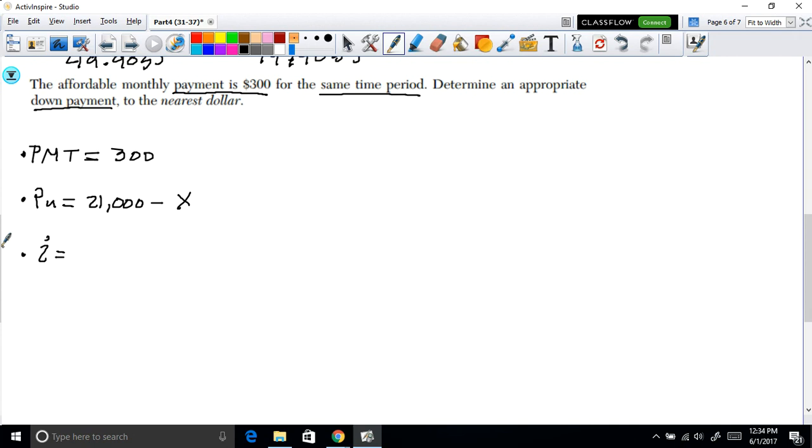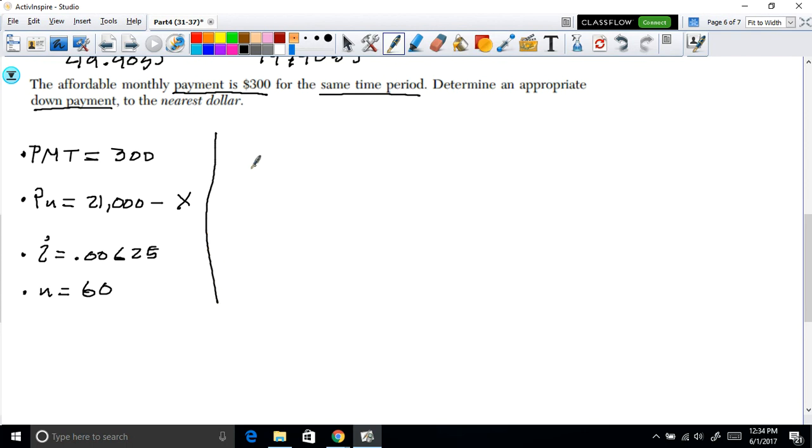So we still can use the same value of i, which is going to be 0.00625. And we still can use the same value for n, which is 60. All right, we have a formula, and now we have new values. Let's plug in what we know. We have Pn, which is 21 minus x.